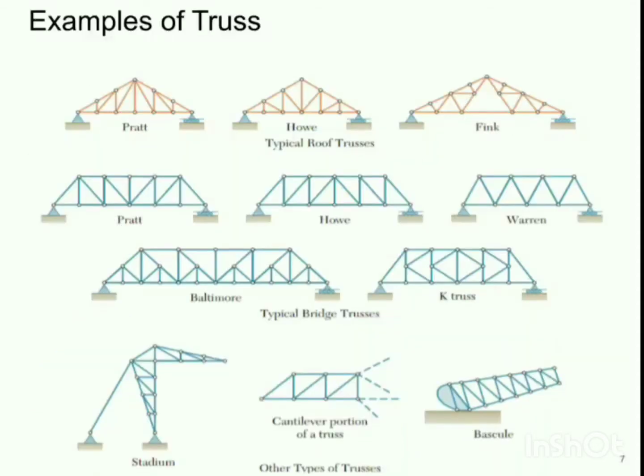Now let us see the different examples of the trusses. Depending upon the area where we are going to use the trusses, say for example roof truss, a bridge, or other type of trusses, there are different types of trusses available, namely Pratt truss, Howe truss, Warren truss, and for bridges the same type of trusses having different configuration, that is arrangement of vertical, horizontal and inclined members, are used for supporting the loads coming from the bridges.